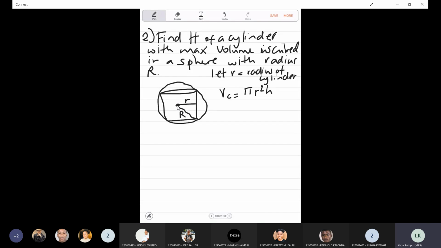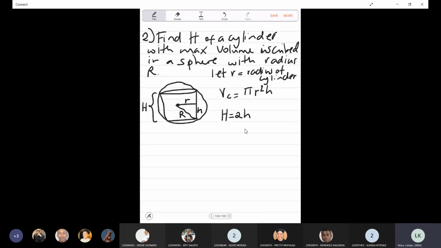Because this is the center of the cylinder, the distance from there to there, as well as from there to there, are the same. And we know that this distance here is the height. So if we call this part here small h, then obviously the height of the cylinder, capital H, is going to be 2 times small h, because this is the halfway point of the cylinder.